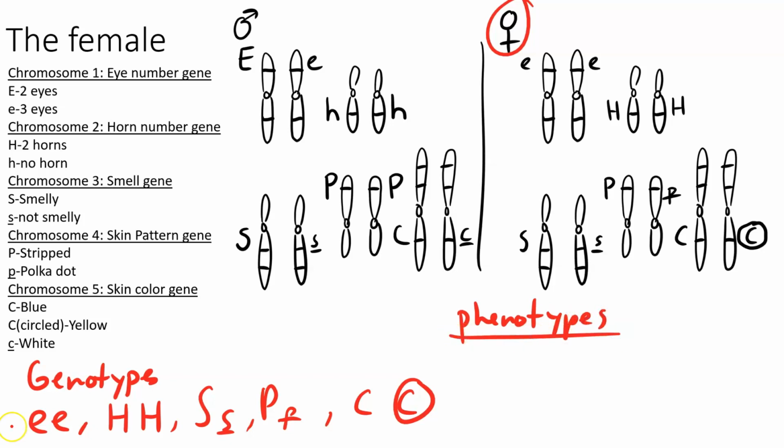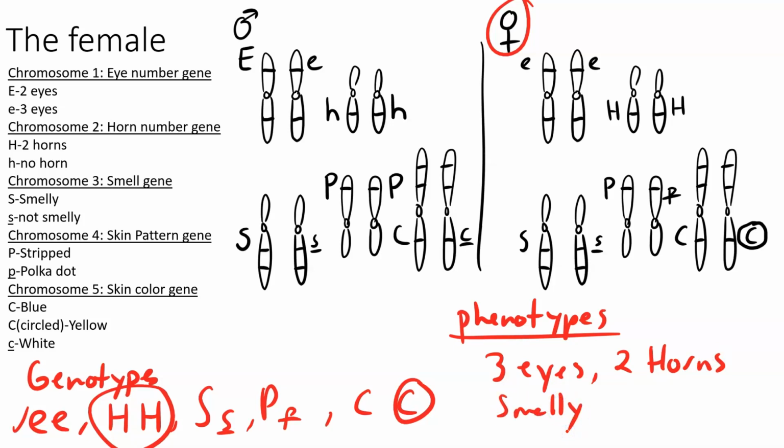Because she's homozygous recessive for the eye number gene, she has 3 eyes. Because she's homozygous dominant for horns, she has 2 horns. Because she's heterozygous for the smell, she's smelly. Because she's heterozygous for the skin pattern gene, she's striped.